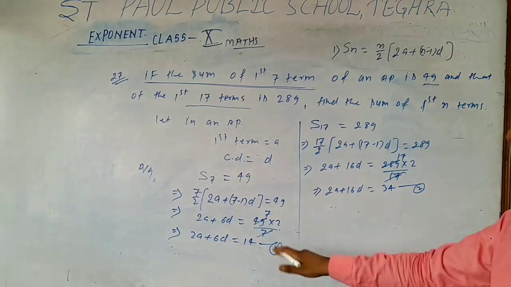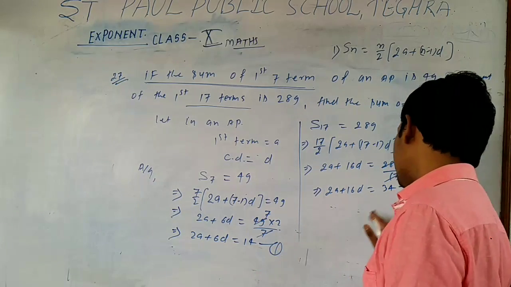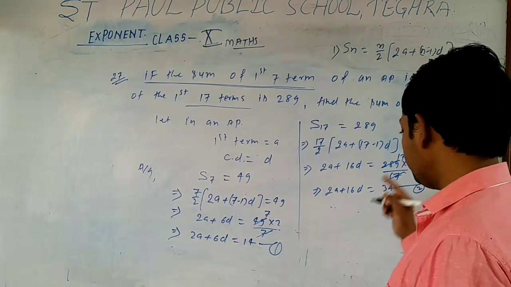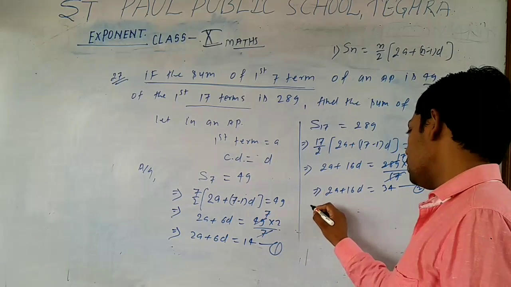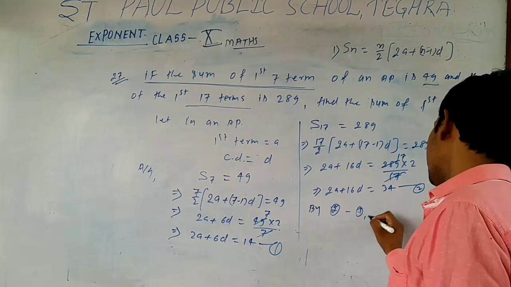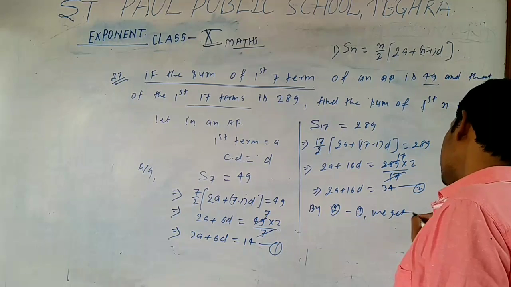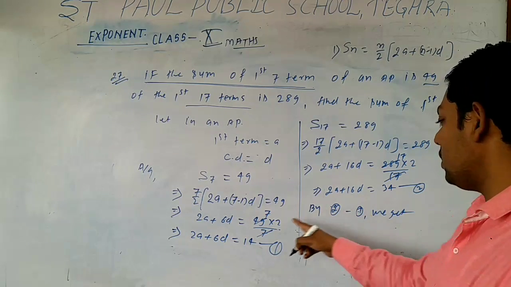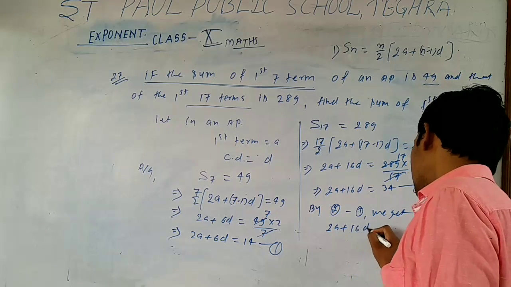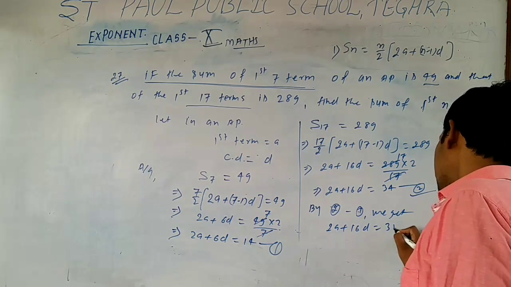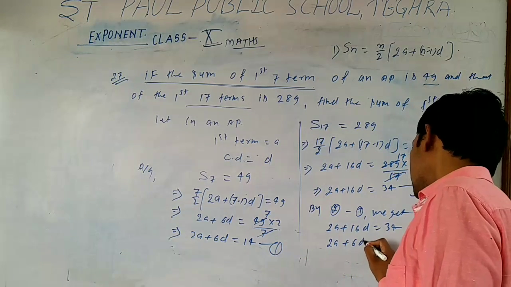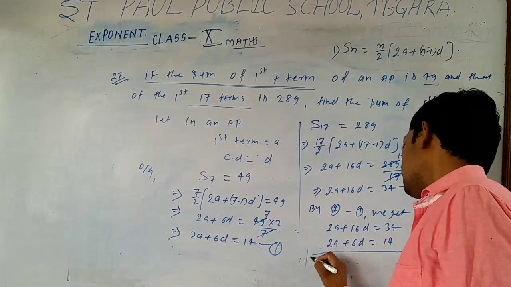Equation 2. Now we have to solve equations 1 and 2, as we have already seen in linear equations. So by equation 2 minus equation 1, we have 2a plus 16d equal to 34 and 2a plus 6d equal to 14.